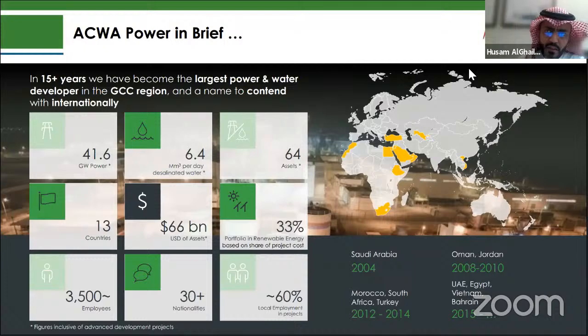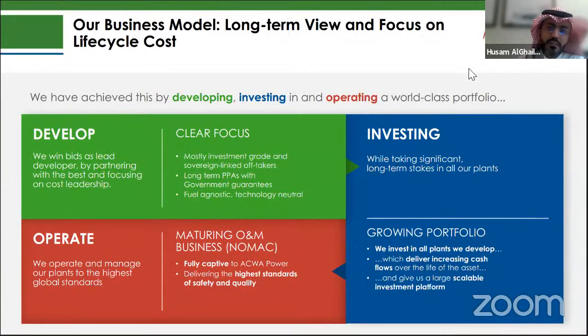The shift of Aquabor has been more, and this is, I think, one of the areas of relevance when it comes to selecting new technologies and evaluating them, the long-term view that we have for projects that we participate in.